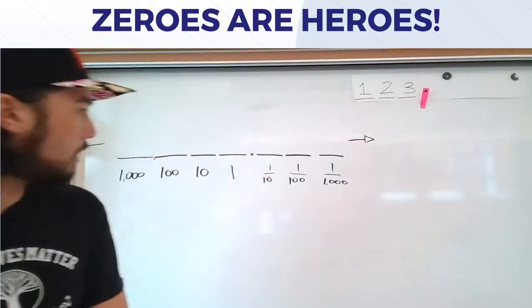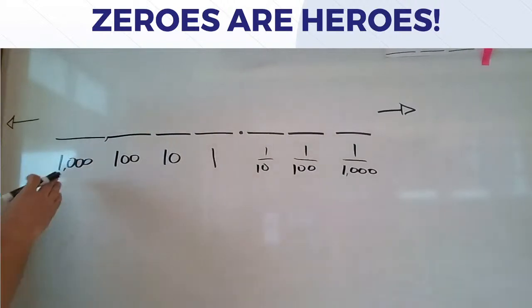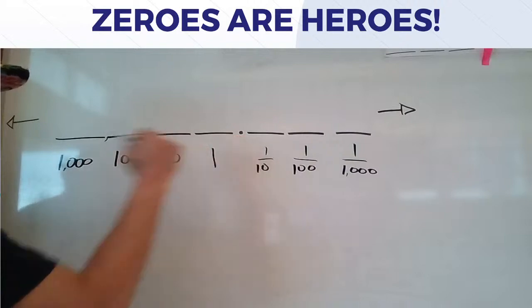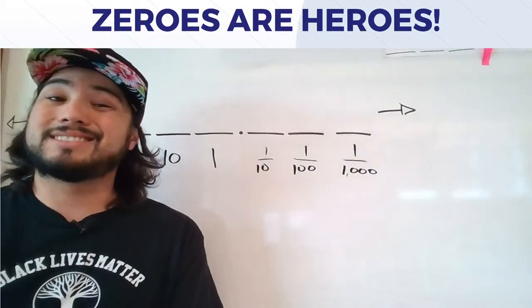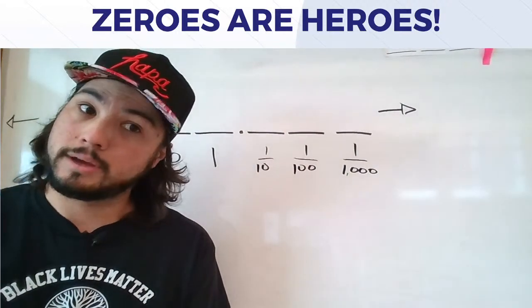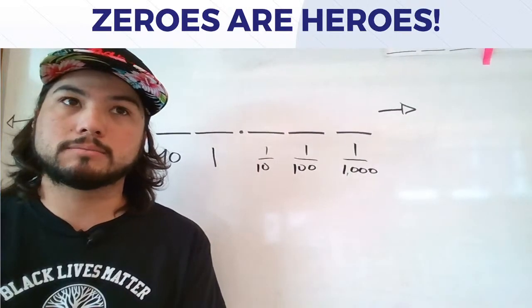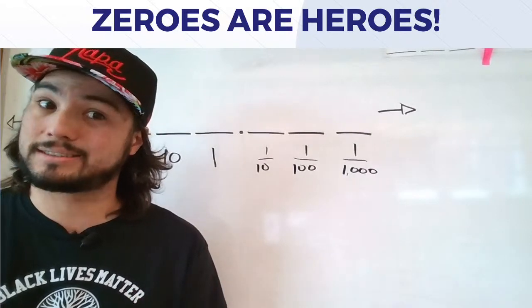And when we look at our place value system, I've got right now just the thousands through the thousandths up here with our decimal point in the middle. We want to think about this 0 as a way to hold our place if we don't have any value in a given place, but we still need to keep track and know that that place exists, right?